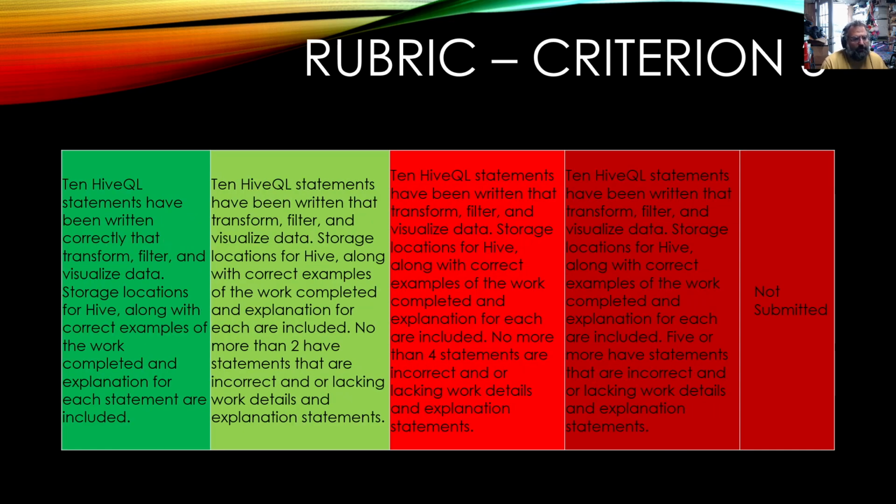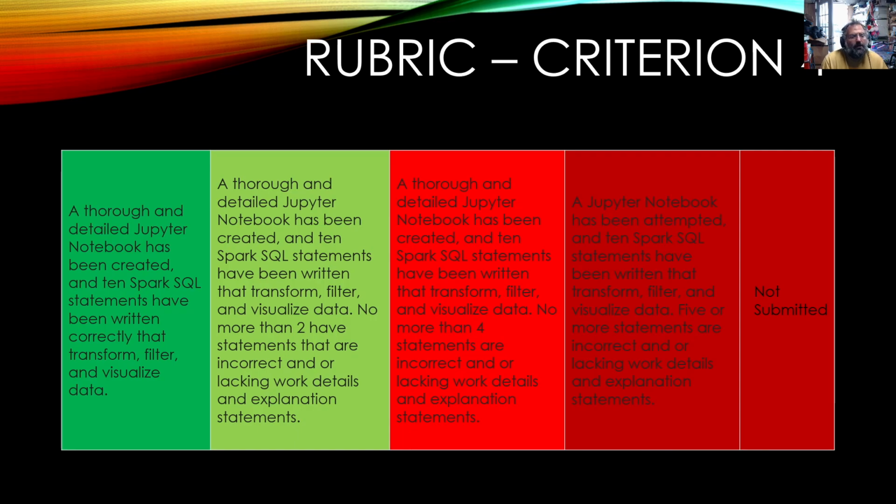10 HiveQL statements have been written that correctly transform, filter, and visualize data, with storage locations for Hive along with correct examples of the work completed and an explanation of what each statement is doing. A thorough and detailed notebook has been created with those 10 statements in it, and maybe with some markdown that tells us what they're doing.